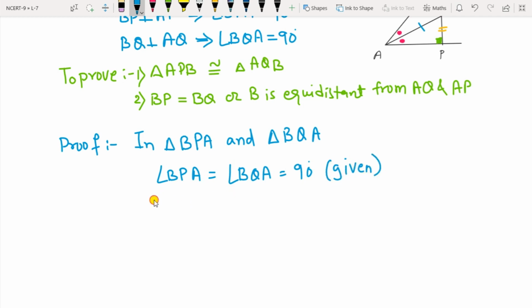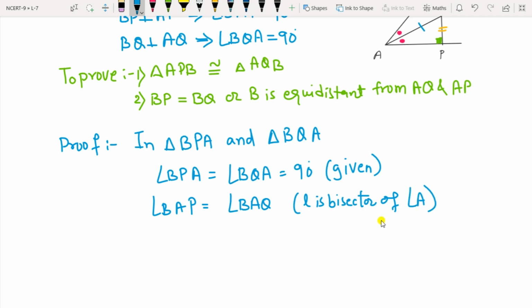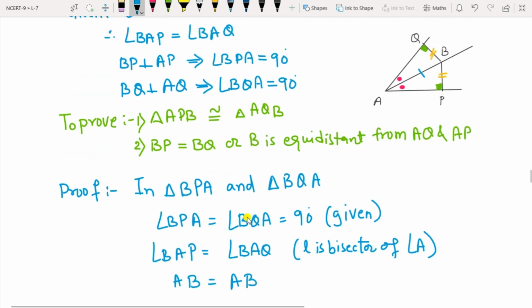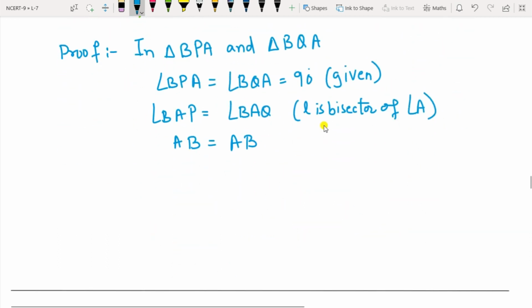Then angle BAP is equal to angle BAQ, that is because L is bisector of angle A. Third thing is the common side, that is AB is equal to AB. For the two triangles that I have shown in blue here, AB is equal to AB. So that is common.